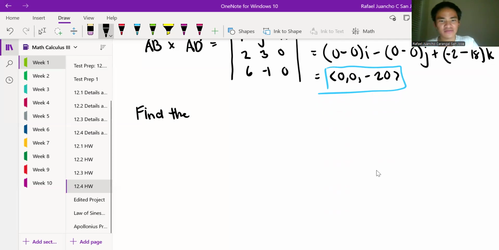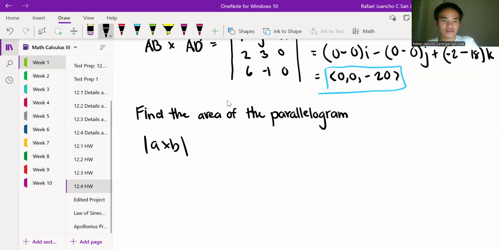Okay, the last thing we have to do for this problem is to find the area of the parallelogram, which is actually easy because you just have to find the length. So what I'm saying is if you're given a cross product and you get the length of it, that's basically the area of the parallelogram.